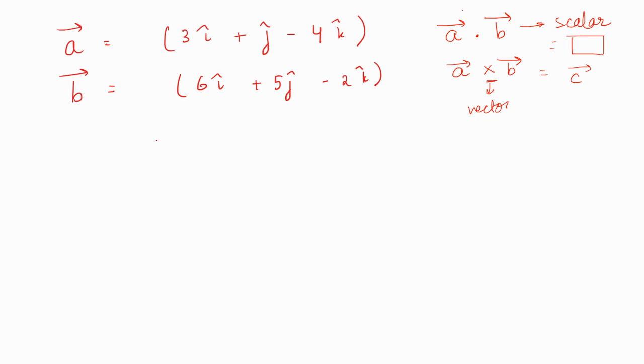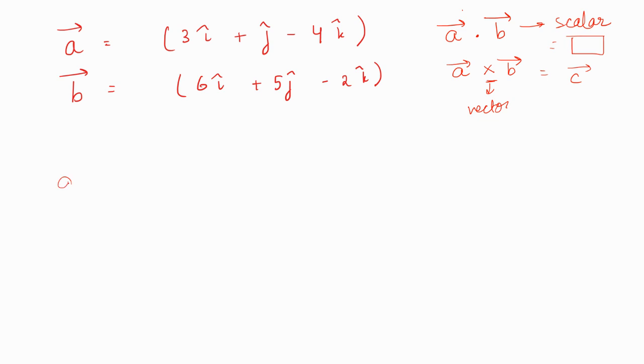Now how do I find the dot product? If I'm given this example of A vector and B vector and I'm asked to find the dot product, you have three components of a vector. You multiply those components and then add them, and whatever answer you get is the dot product.